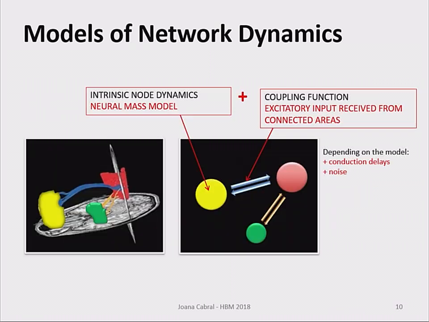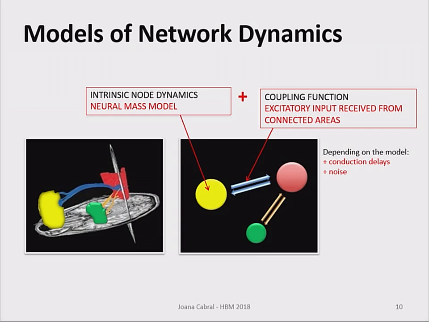So in a sketch way, each brain area in the model is a neural mass, and then we will sum it by a coupling term that considers the excitatory input received from connected areas. Because it's considered that at this macroscopic scale, long-range connections via white matter tracts, fiber tracts, are mostly excitatory.